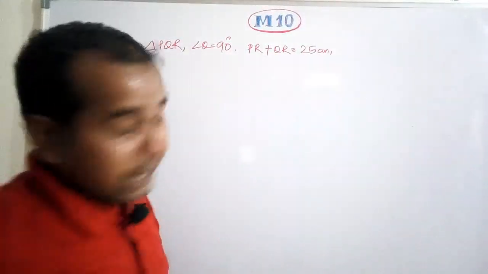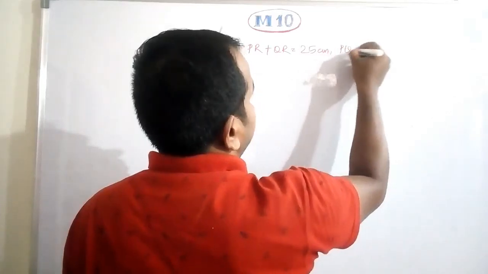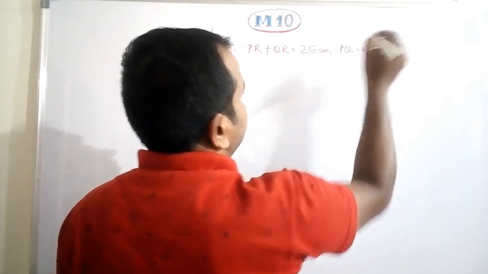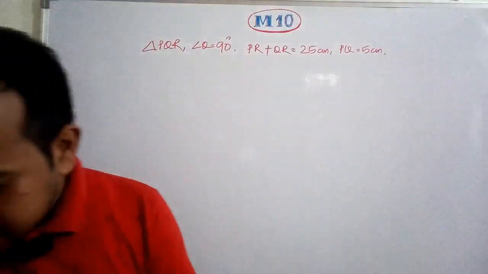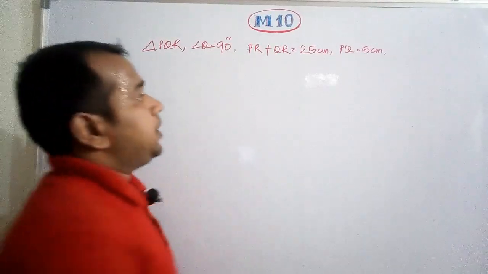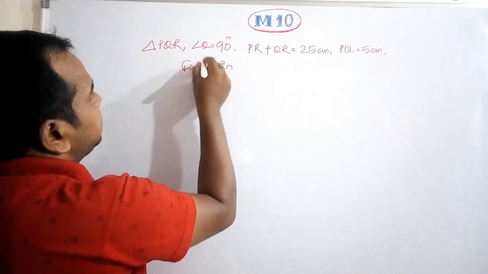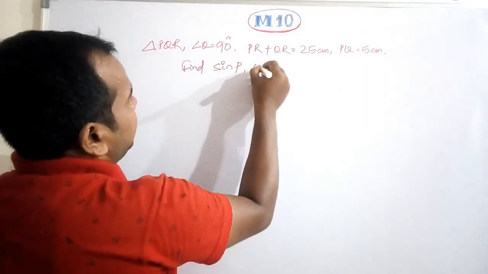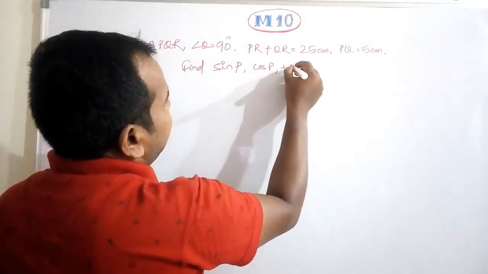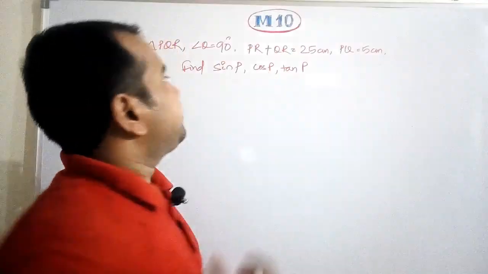Next, PQ is 5 centimeter. Determine sin P, cos P and tan P. We have to find the value of sin P, cos P and tan P.